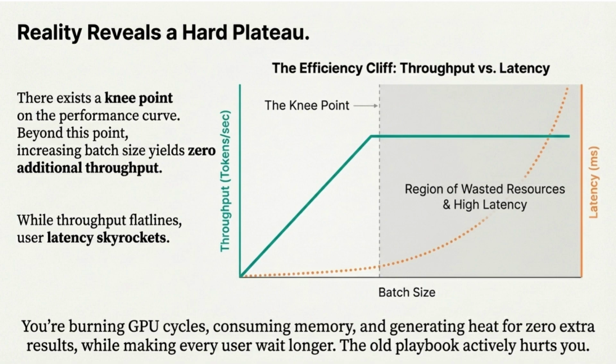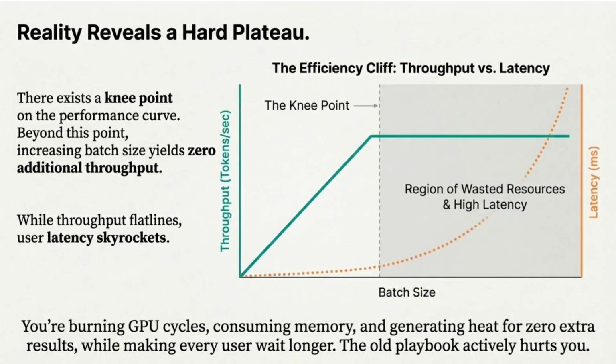Throughput goes up. Good, the strategy is working. But then you hit this point, we call it the knee point, and throughput just stops. Batch 16, 32, 64, 128, no improvement, flat line.